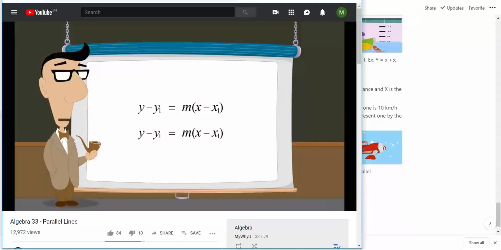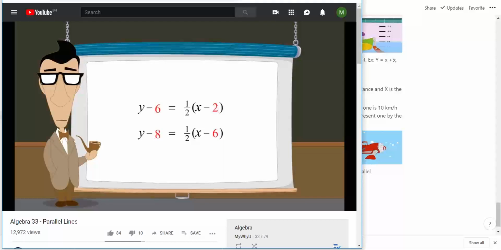So when two equations written in point-slope form have the same value for m, but different values for x1 and y1, how can we determine if they describe parallel lines or the same line?